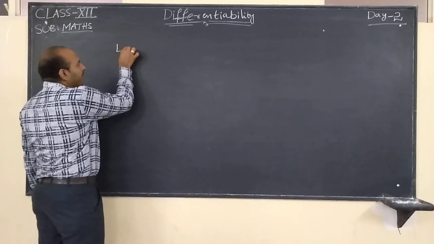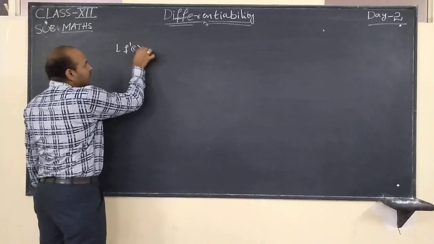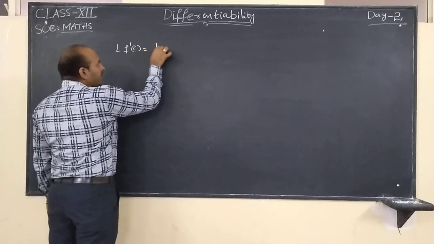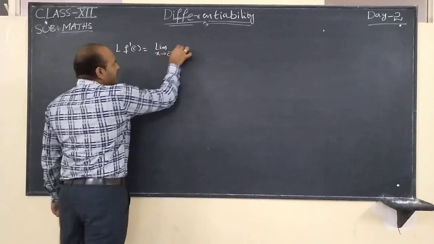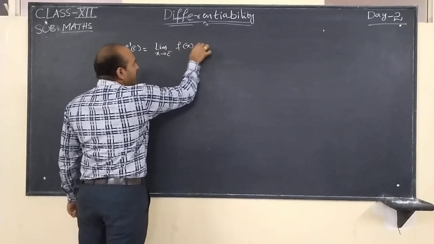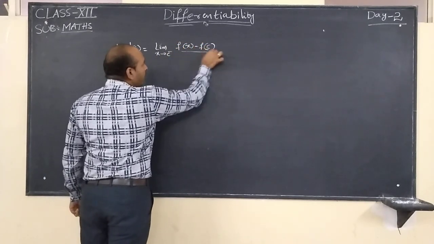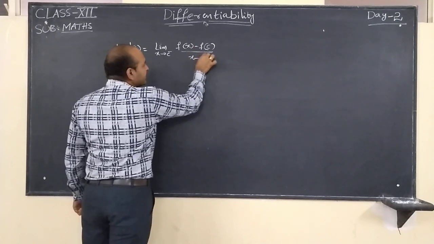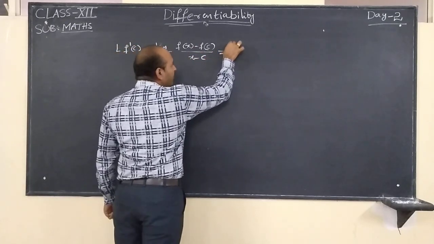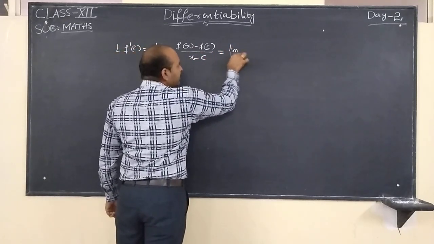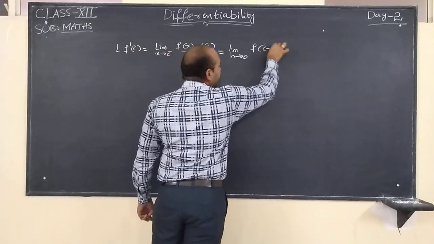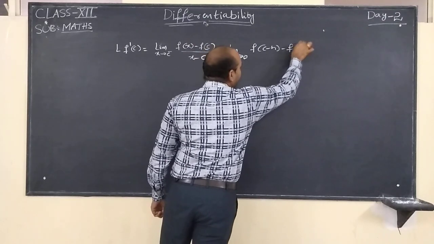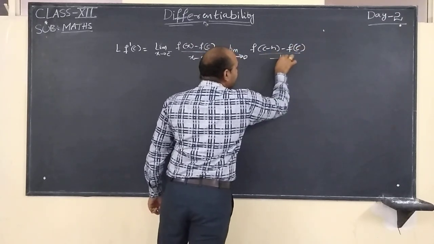It is denoted by L f dash of C, which is equal to limit x tends to C minus of f of x minus f of C upon x minus C, which we can write as limit h tends to 0 of f of C minus h minus f of C upon minus h.